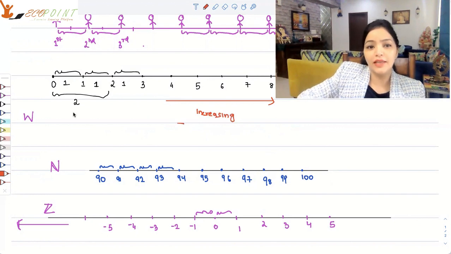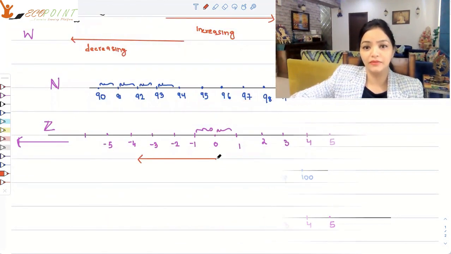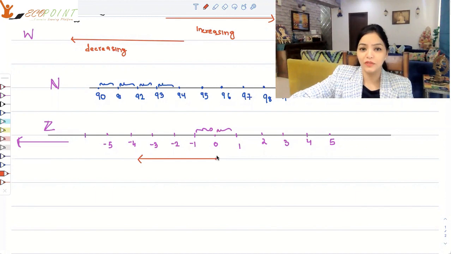Towards the left the numbers are decreasing, be it this number line, this number line, or this number line. It's very easy to see in integers, especially.